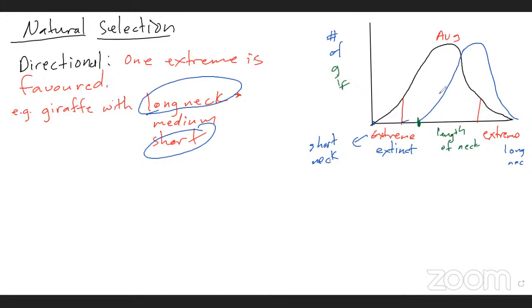So in this example, we're favoring the long neck extreme. If you have to come up with an example, just make up anything in which one extreme can be favored.